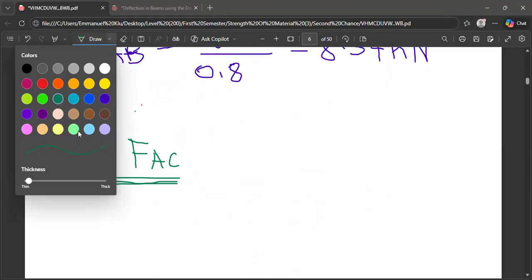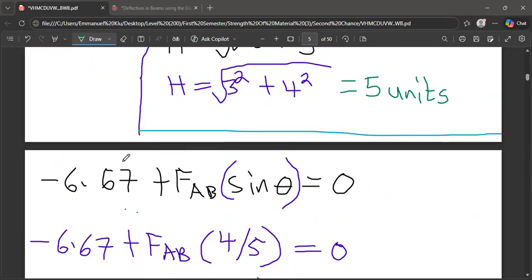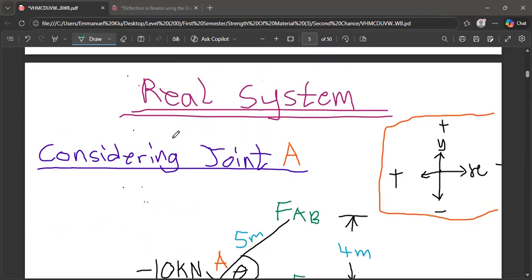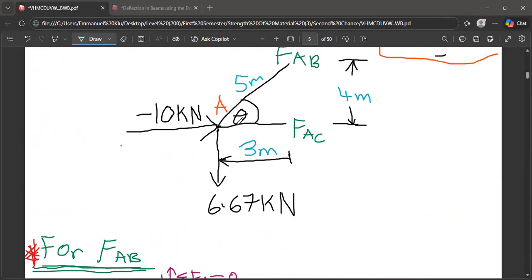For FAC, it means that this time we are going to calculate for the horizontal force. Because we are calculating for the horizontal force, this is it, FAC.